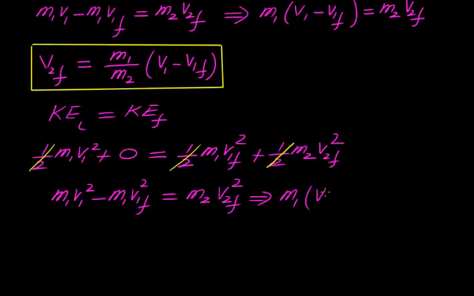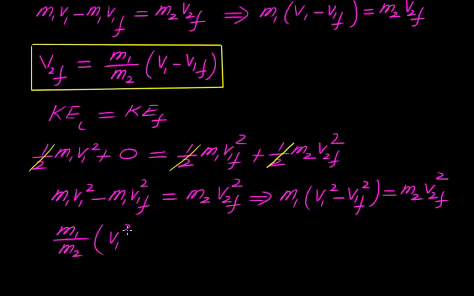It becomes m1 times (v1 squared minus v1 final squared), and that is going to equal m2 times v2 final squared. Now divide both sides of the expression by m2. You get m1 over m2 times (v1 squared minus v1 final squared) equals v2 final squared.